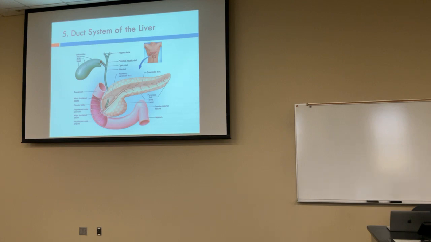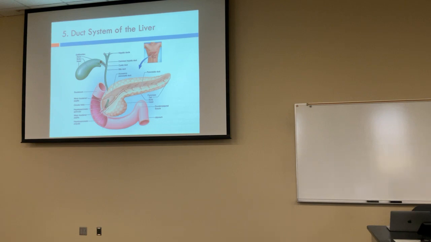Now, the gallbladder, which is located just under the right lobe of the liver, is also connected to this duct system. And the gallbladder doesn't really secrete anything. It's just a storage area for bile.